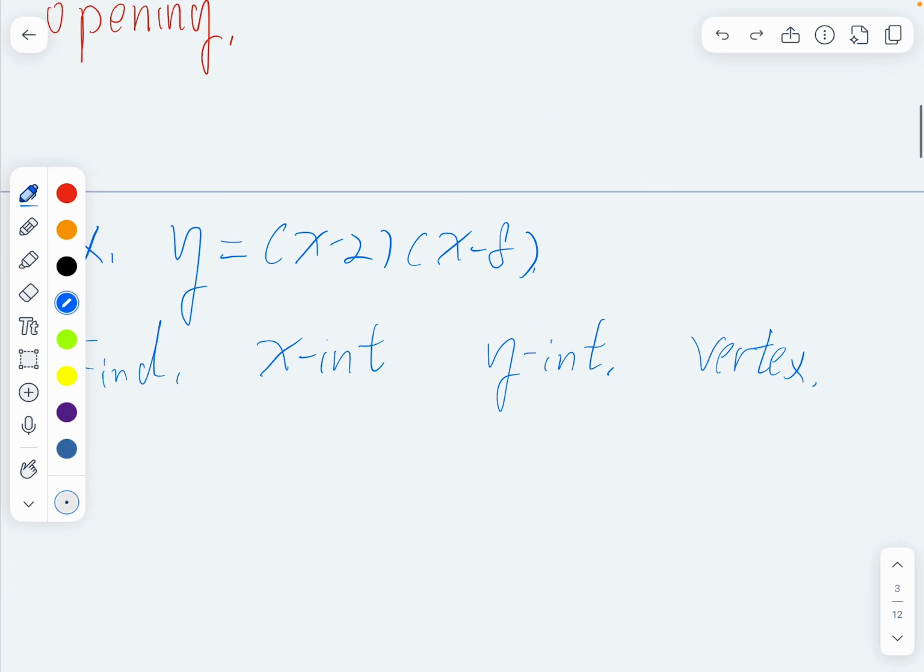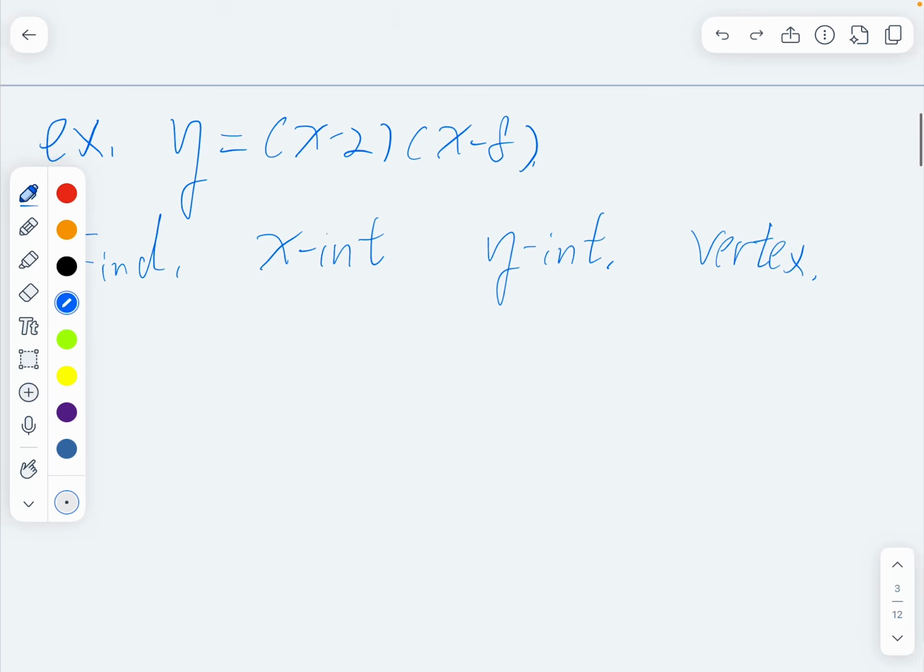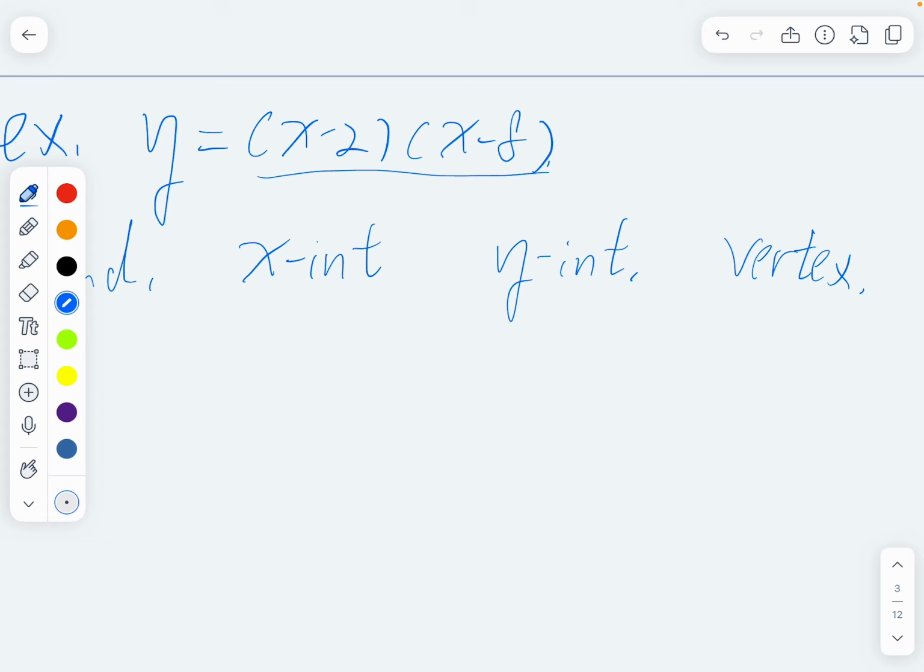Okay, let's see the first example. First, we find the x-intercepts. We just need to find where each factor equals 0, so we know that x equals 2 and x equals 8.